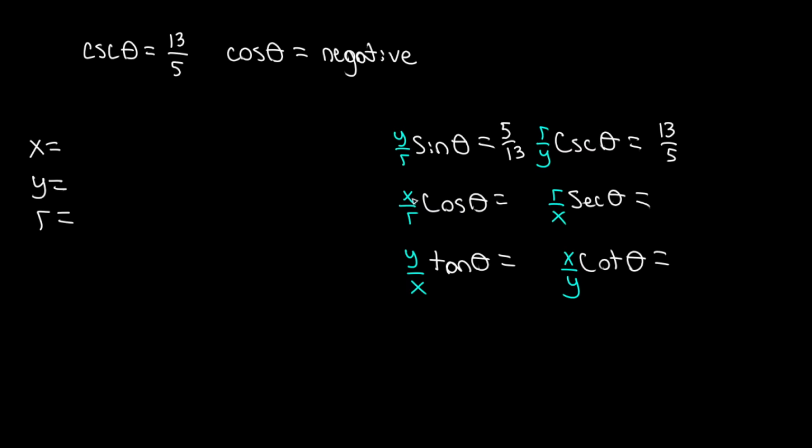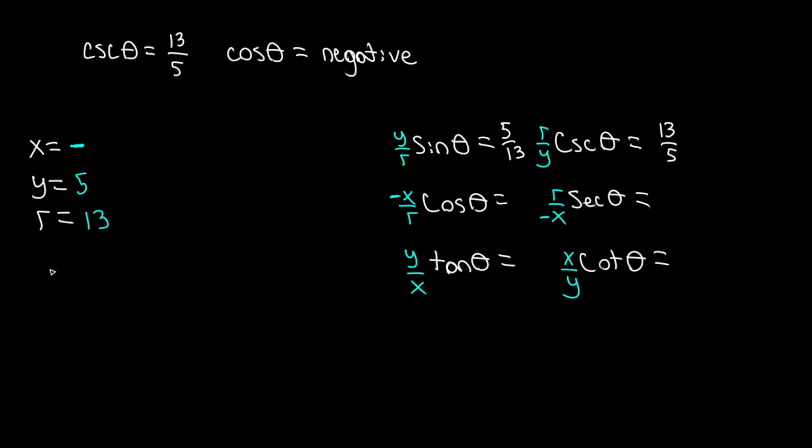So x is going to have to be our negative number in order to make cosine negative. And up here at sine, we know that 5 and 13 are both positive because r has to be positive, which means y can't be negative, or sine would be negative, but it's not. So they've given us y and r, 5 and 13, and we know that x is going to be negative.